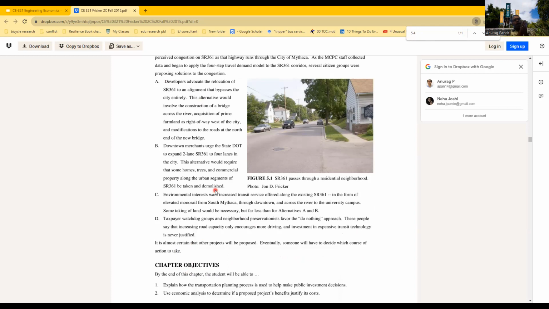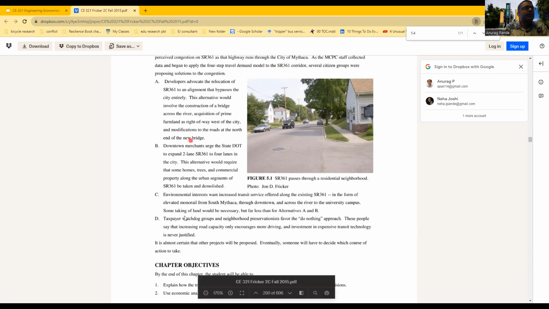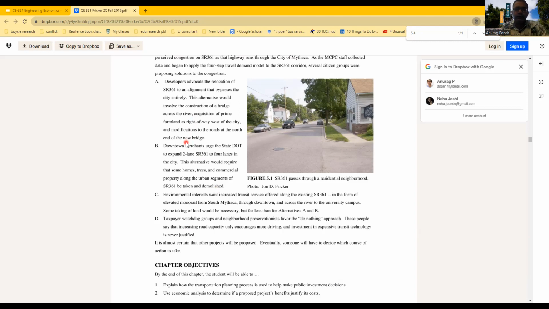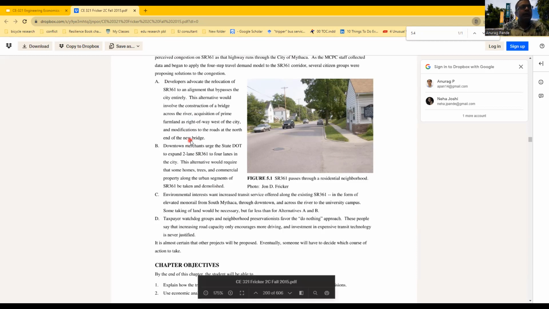For this class, because this is just an introductory class in transportation engineering, we're not actually going to try to balance all of these interests. We are just going to focus a little more on the numerical analysis side of things. But if you're interested in this stuff, we do offer a CE 528 class, the Transportation Economics and Analysis class, where we talk about how we balance out the interests of different groups, how we think about those questions.